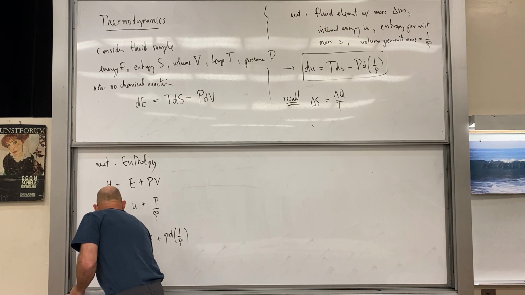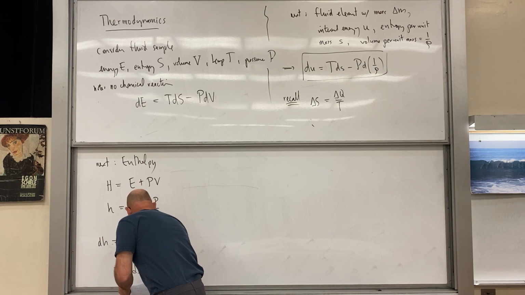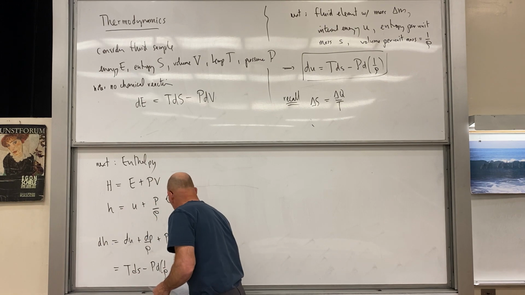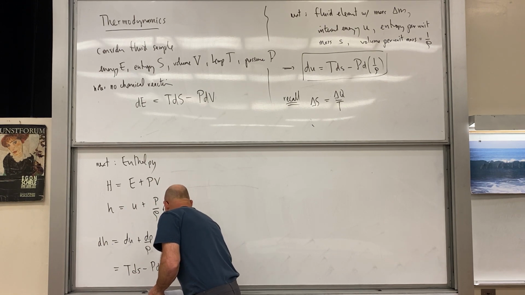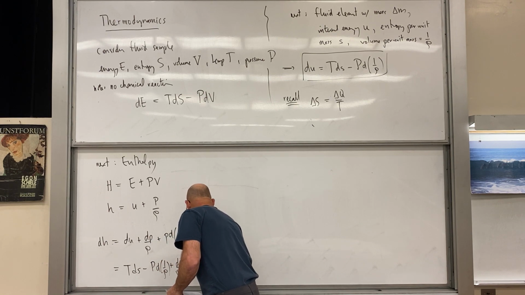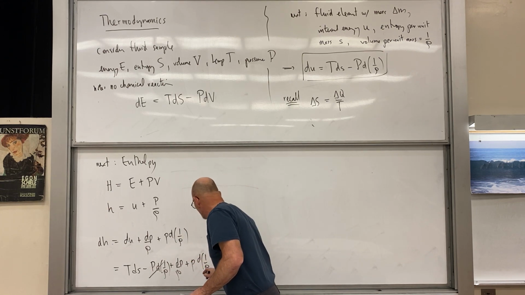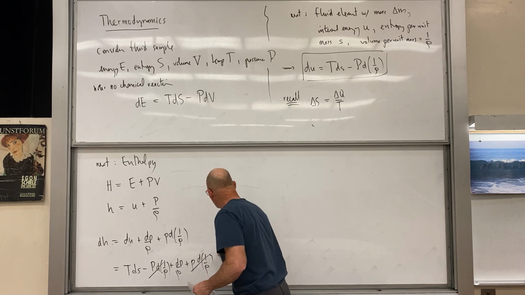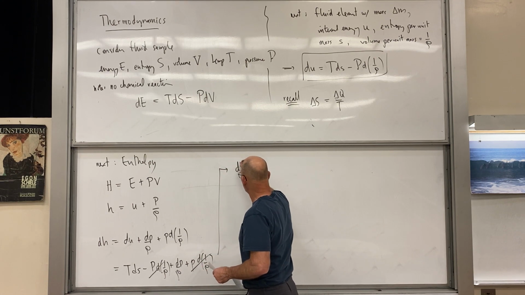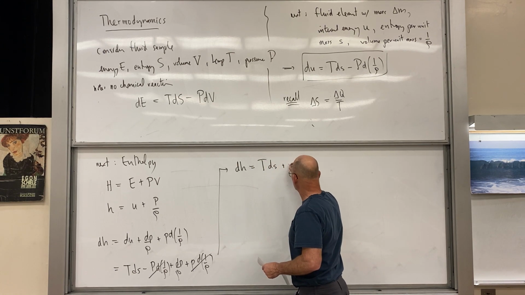And this here is the T ds that we have up there, minus P d(1 over rho), plus dP over rho plus P d(1 over rho). And you see we get that cancellation. And there is our new relation: dh equals T ds plus dP divided by rho.